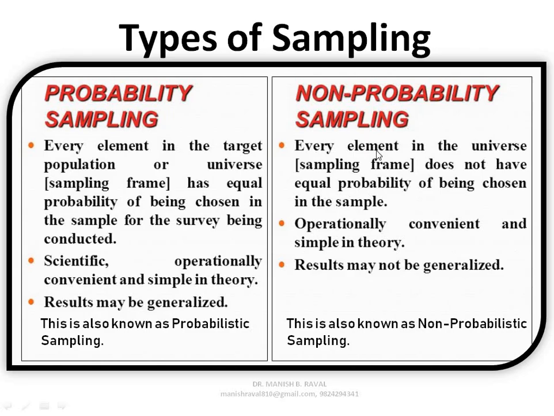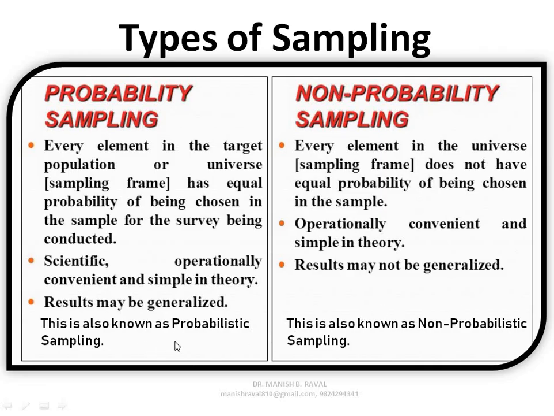But in case of non-probability sampling, we had not given equal chance, we had rather given unequal chance to the elements. So the result derived from such kind of sampling may not be generalized; the conclusion drawn may not be applicable to the whole population.